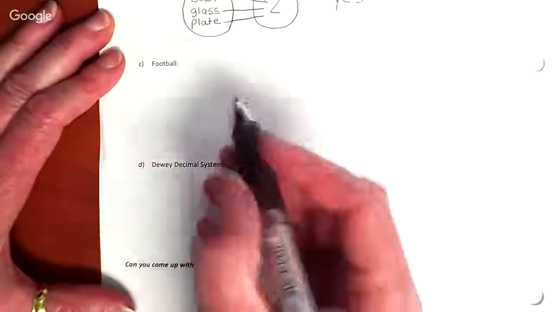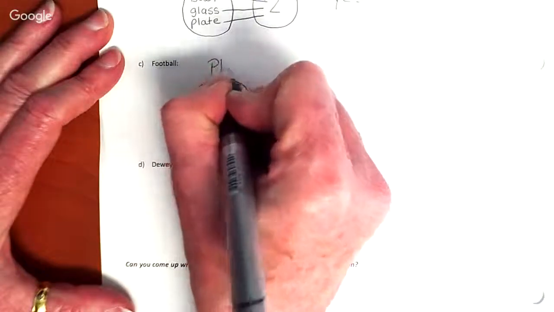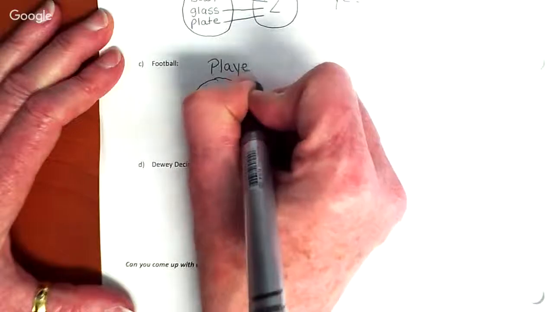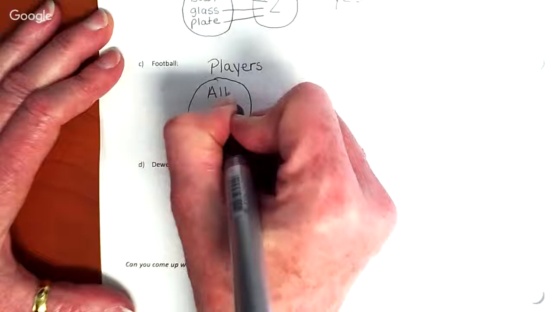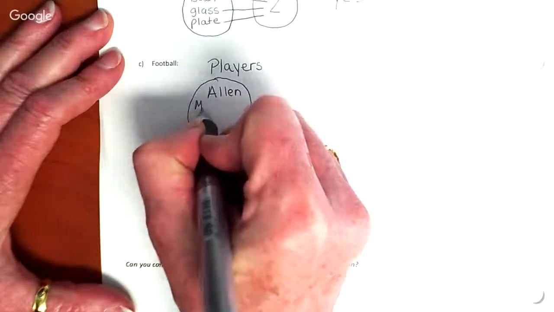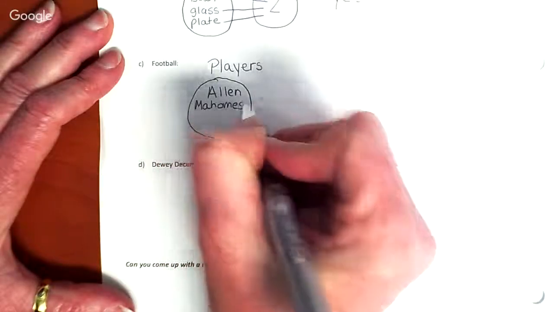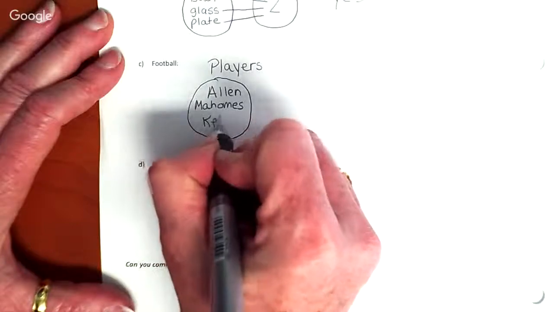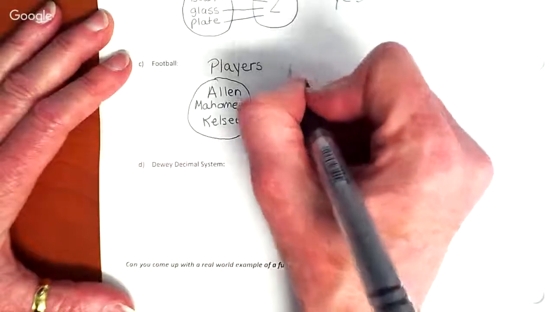Next, football. Well, here again, we have players, Allen, Mahomes, Kelsey, and positions.